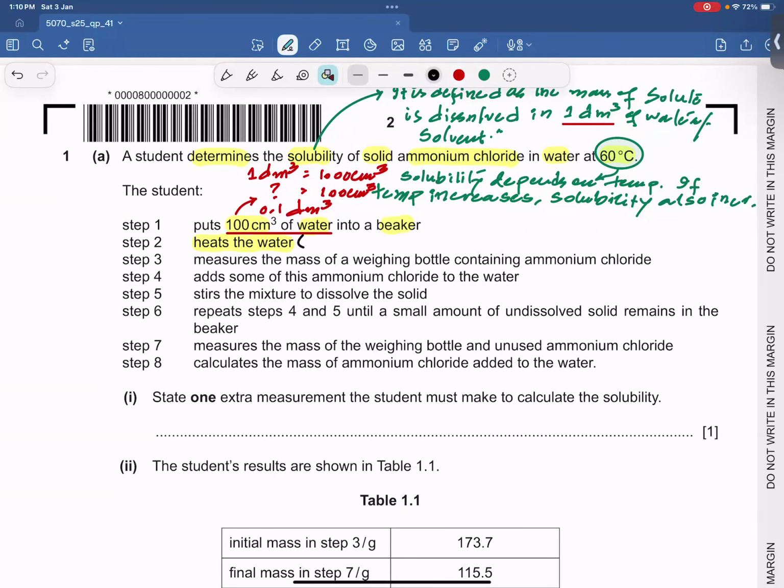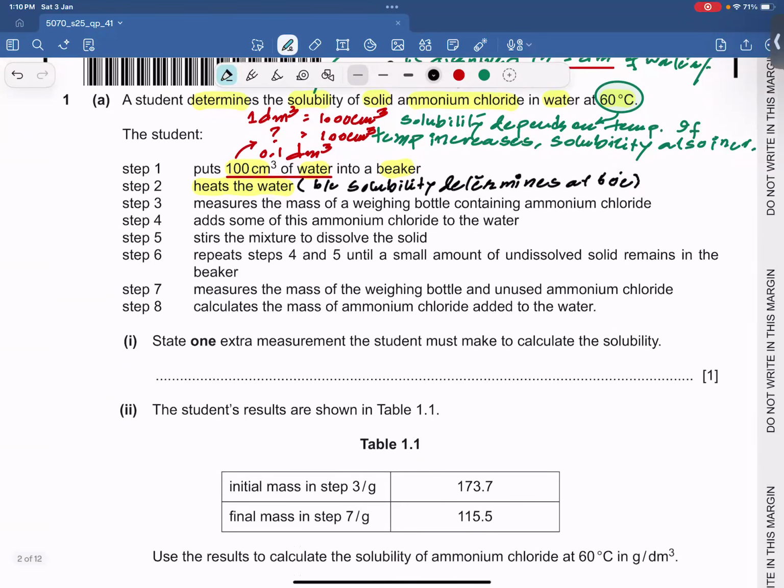So in order to maintain that particular temperature, we need to heat the water.